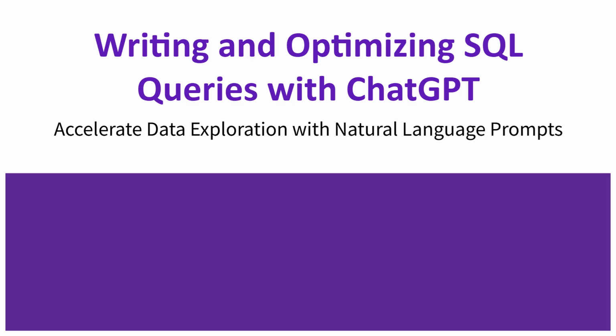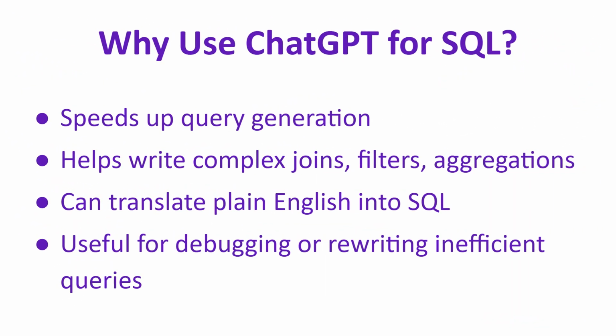That is, accelerate data exploration with natural language prompts. ChatGPT is great for translating your natural language needs into SQL, whether it's a quick aggregation or a complex join. It can help generate optimized code.